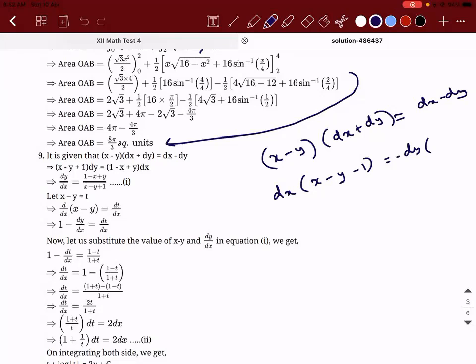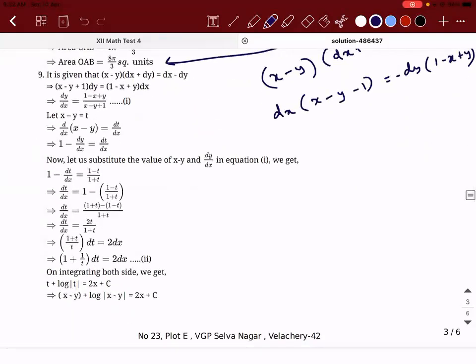So minus dy into 1 minus x plus 1. Okay. So if I bring the minus sign to the left hand side, into 1 minus x minus x plus 1.